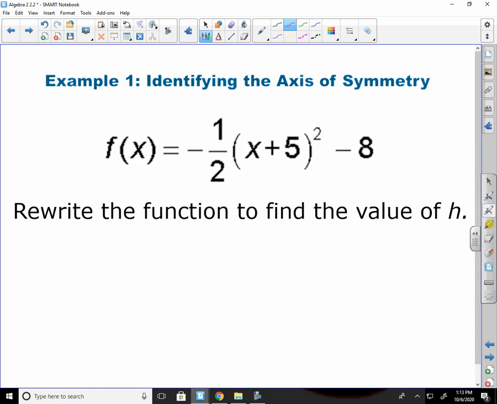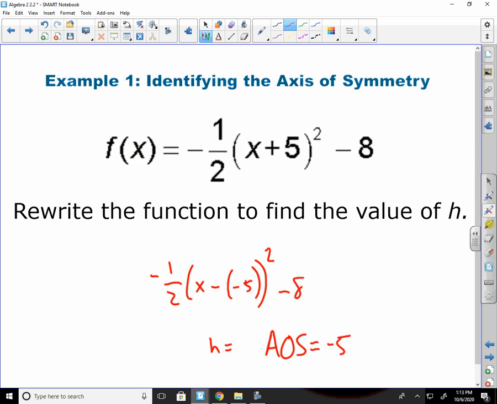In order to rewrite this function, it would be negative 1/2 times x minus negative 5, because that's the only way I could get that to turn into a plus, and my original equation is x minus h squared. The axis of symmetry is just going to be negative 5. So AOS equals negative 5. And you're done. So whatever the h is.